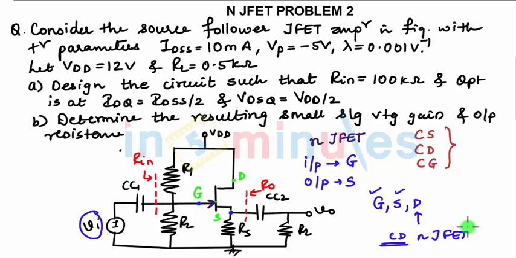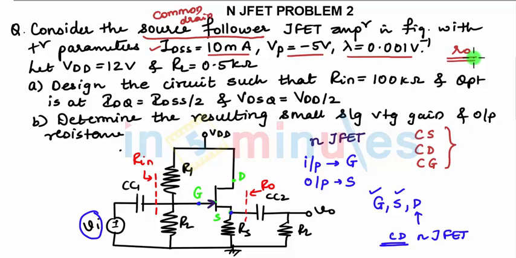Right. Now what does the question say? Consider the source follower, which is nothing but common drain circuit JFET amplifier in figure, with transistor parameters IDSS as 10 milliampere, VP is -5. Since lambda is given, we need to consider the value of RO.